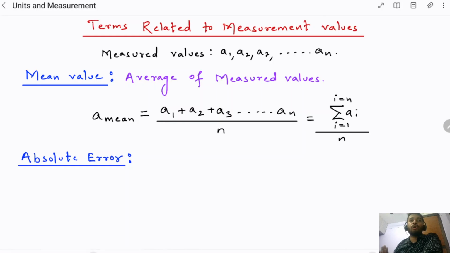Absolute error is the mod of the error value.